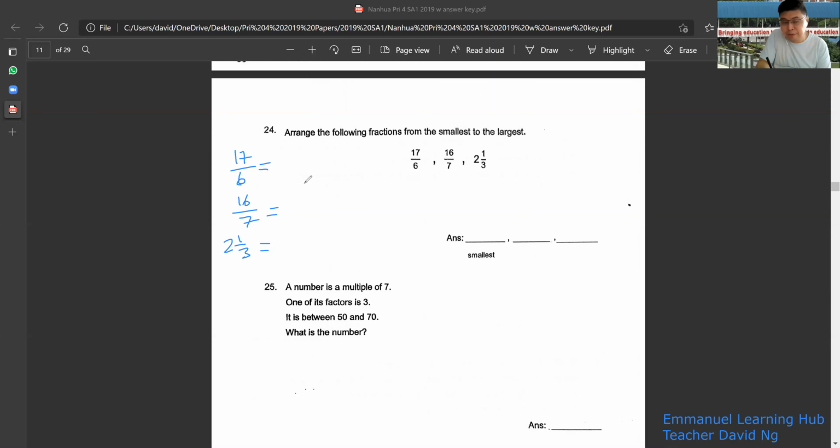No, common multiple. 6, 7, 3, common multiple. 3? No, multiple. Common multiple. Remember just now the question I asked you, list out the multiples, right? No, just now was factor. Okay, now it's the multiple.